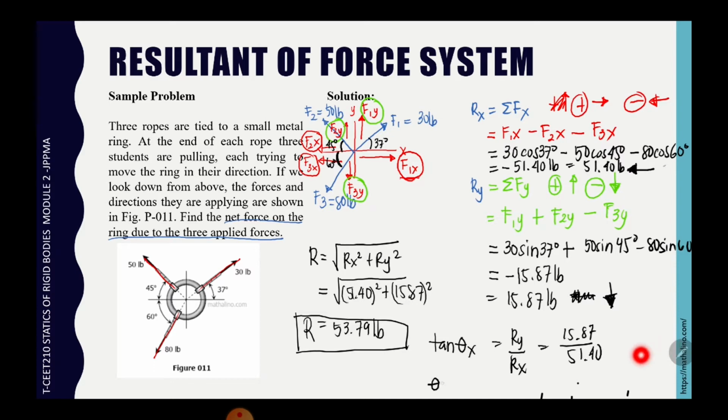So, theta x is equal to 17.16 degrees. So, that's the answer for this problem. So, that's how we solve the resultant of coplanar concurrent force system.